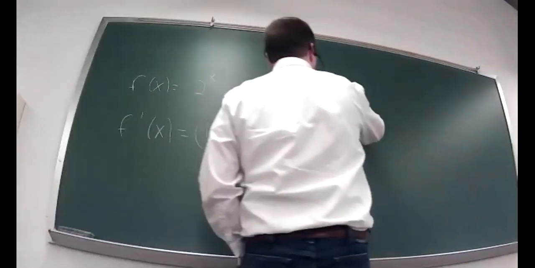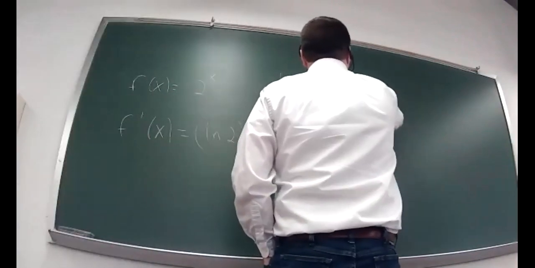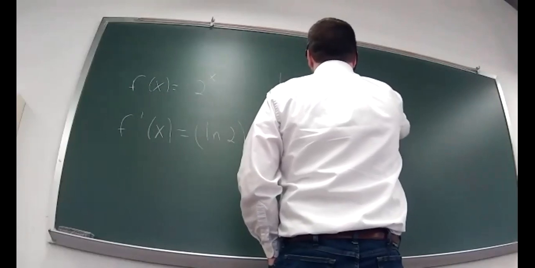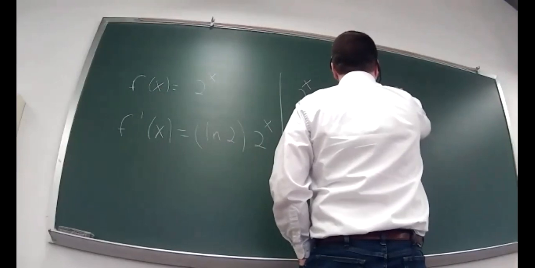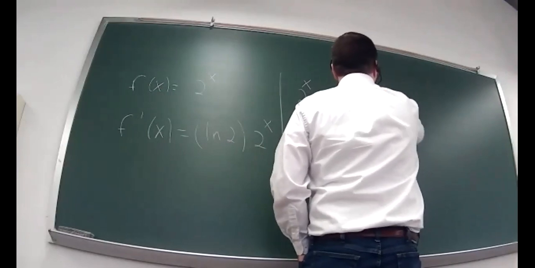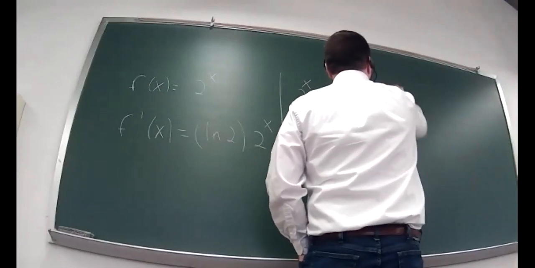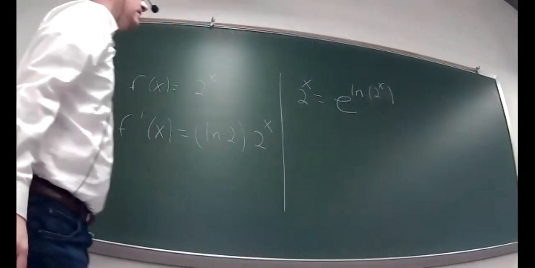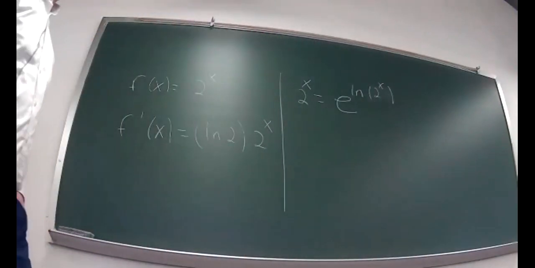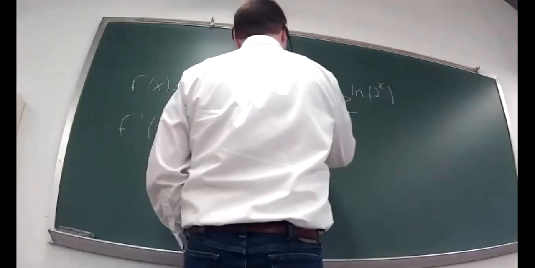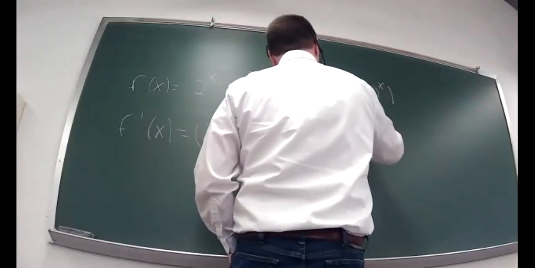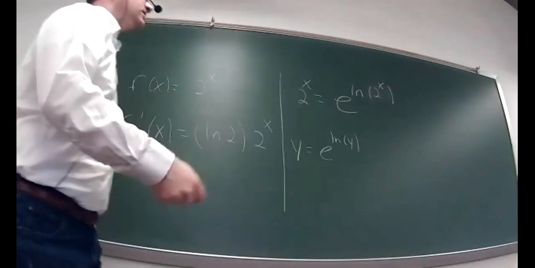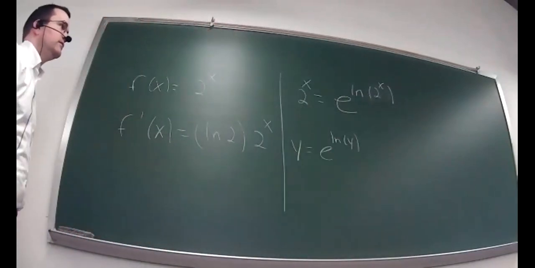Do you say this is like e to the natural log of 2 to the x? I think that's how we do that. Remember that e and natural log are inverse functions, so that for any y, e to the natural log of y is equal to y. So 2 to the x is equal to e to the natural log of 2 to the x.